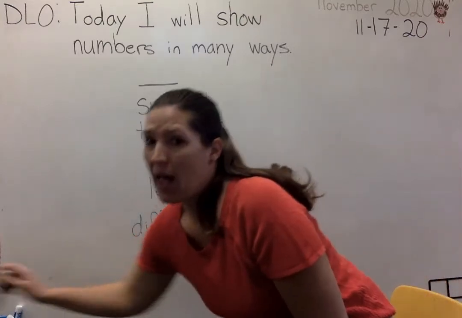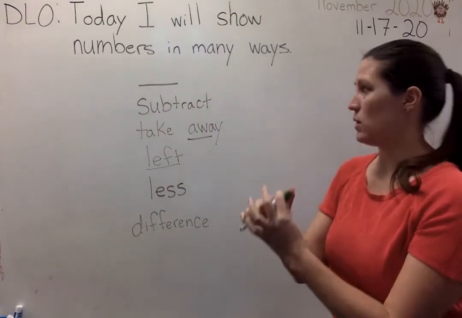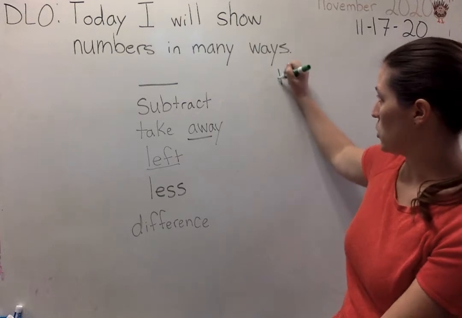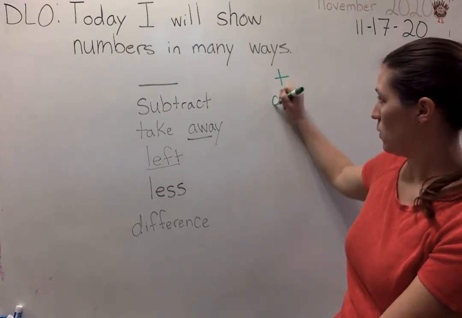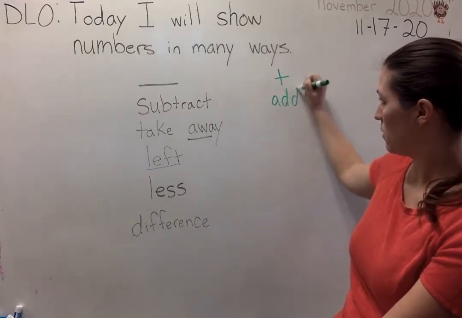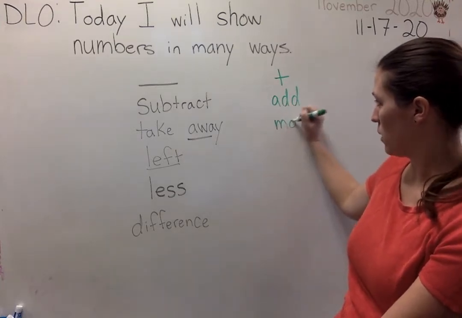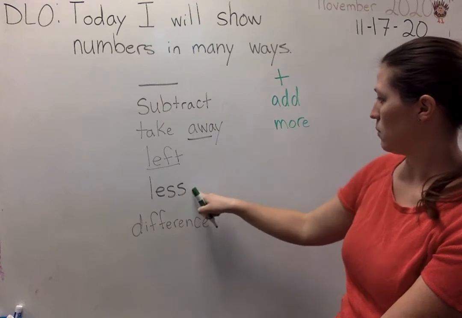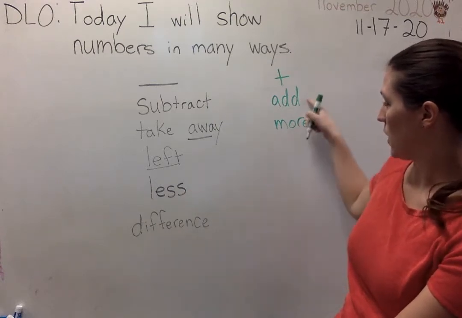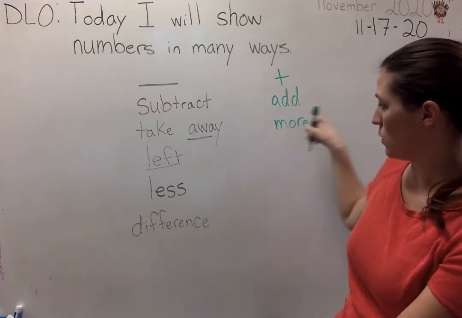If it was adding, I'll use the green with the adding. The operation is plus. We add. We're getting more instead of less. When you add with the pirate, you will see you're getting more.